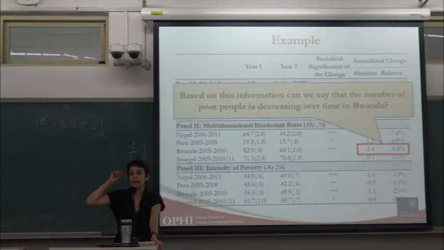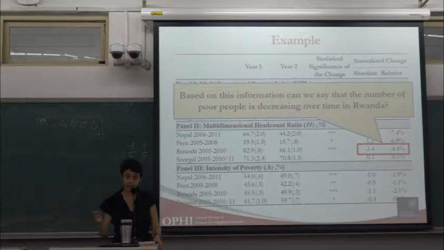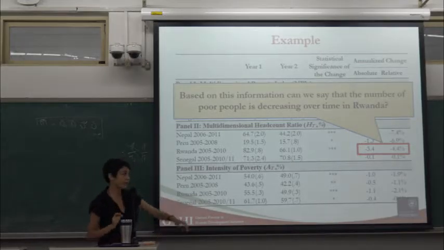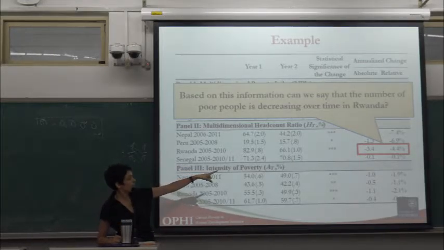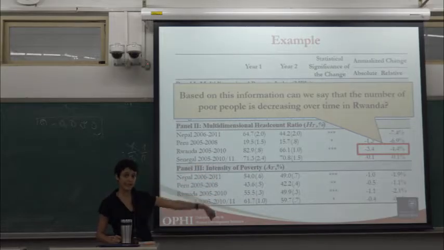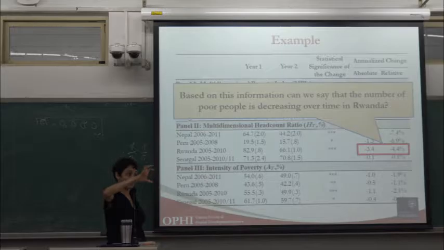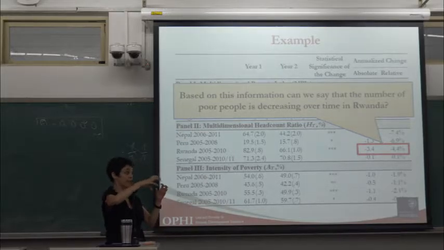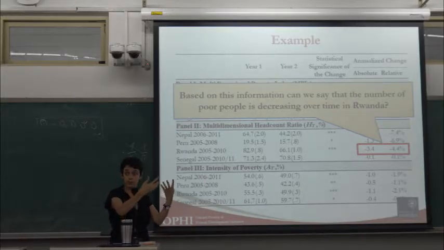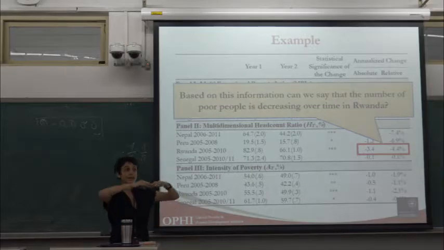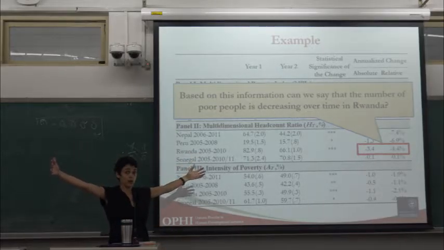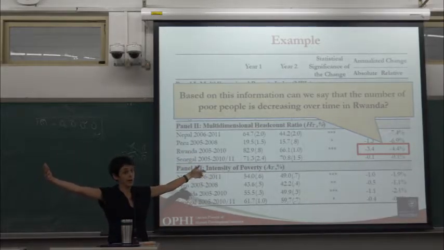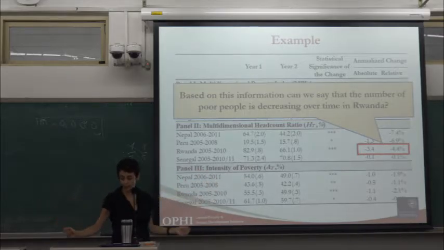I can see that the percentage of poor people has decreased, but suppose the population of Rwanda grew faster than 4.4% a year. The growth of population is going to eat my decrease. I have a lower percentage of poor people, but as my population grows, there might actually be a higher number of poor people.